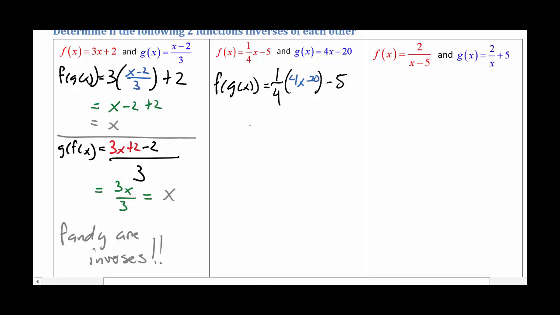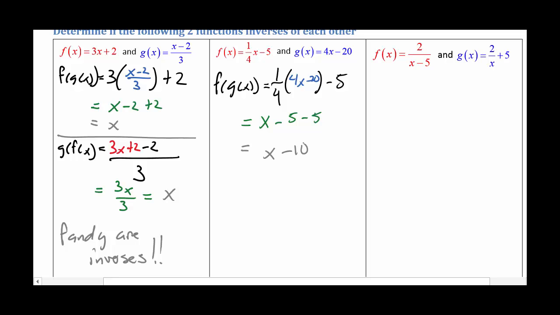In this case, distributing would make the most sense. So 1/4 times 4x is x, and 1/4 times 20 is 5. So x minus 5 minus 5, and we get x minus 10.